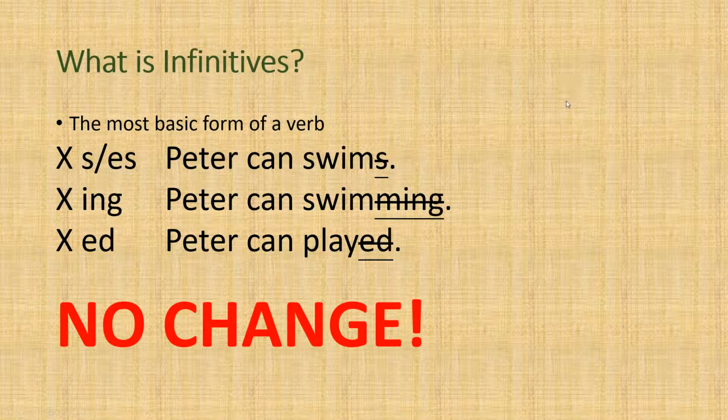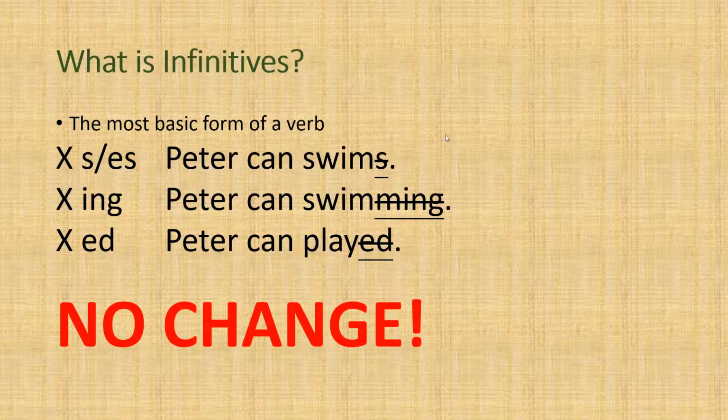Alright, what is infinitives? Very easy. Actually, we have two kinds of infinitives. We have infinitives with to and infinitives without to. So in this line, you can see the bare infinitive, which is about infinitives without to.